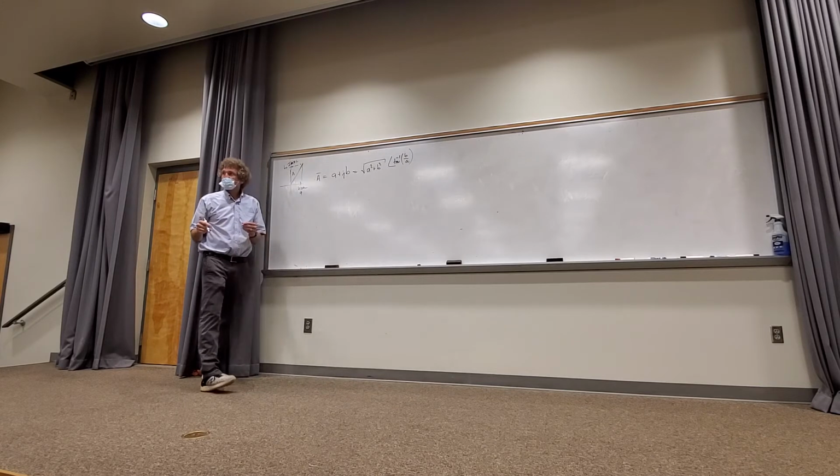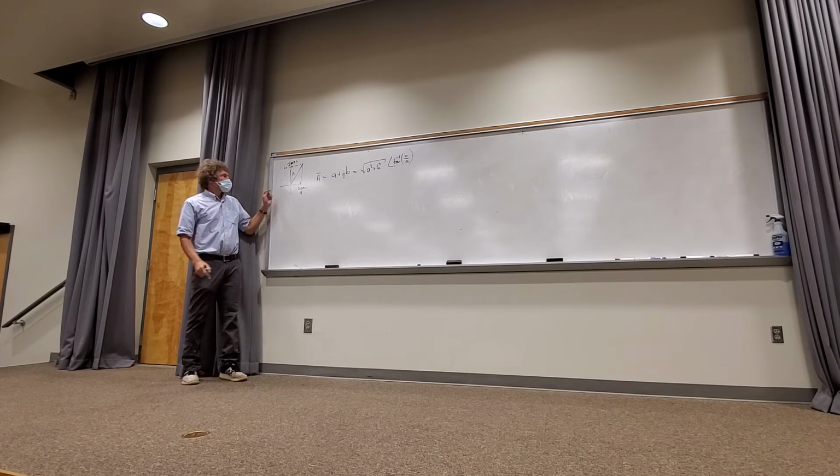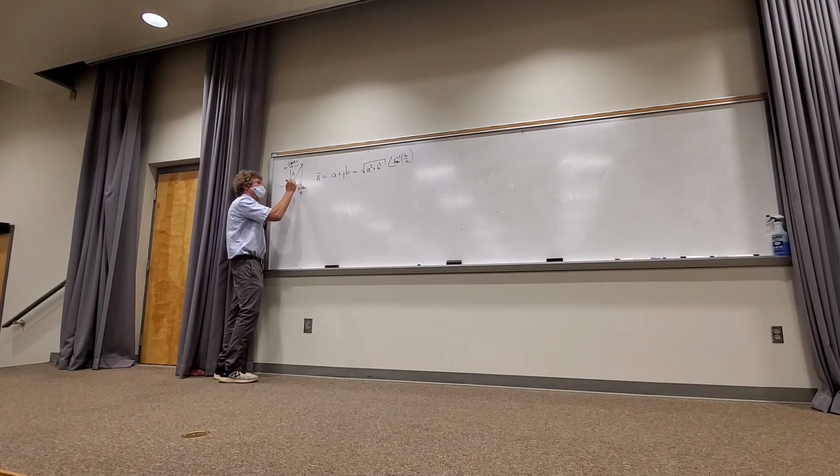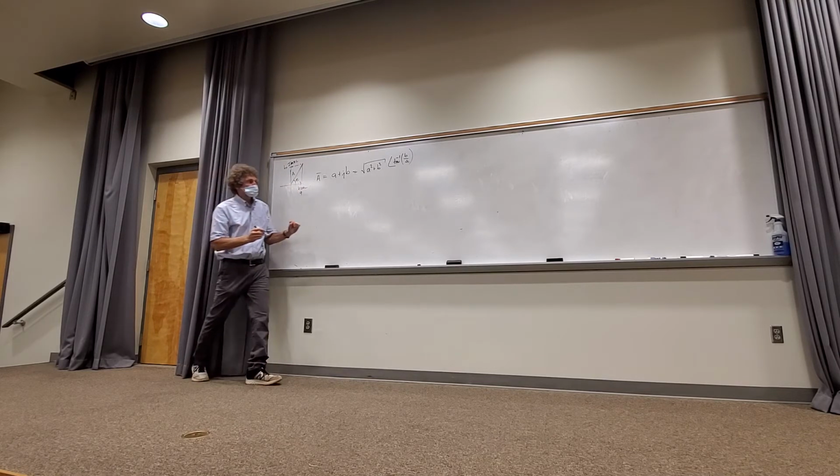I'm just going to mention this, because if you're ME or AE and you work with this, don't worry about it, but you should see this. I'm talking about this angle right here. This is the angle that is right here.